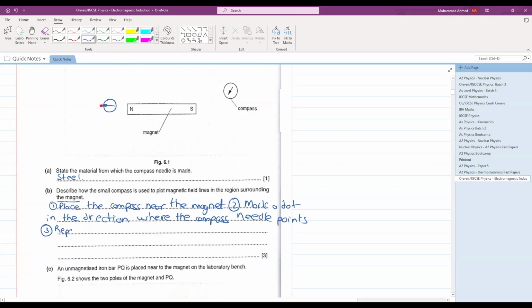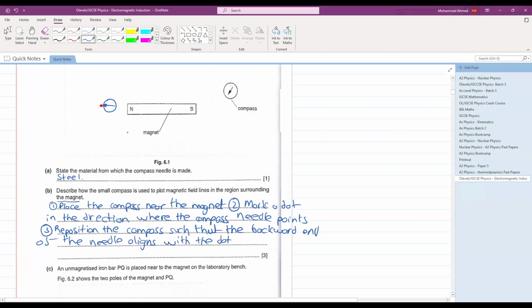Reposition the compass such that the backward end of the needle aligns with the dot.